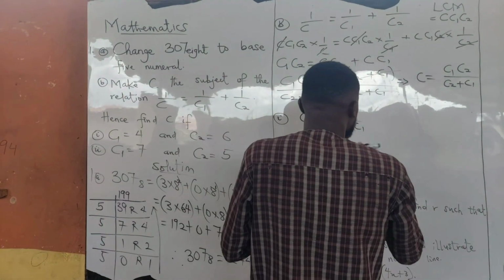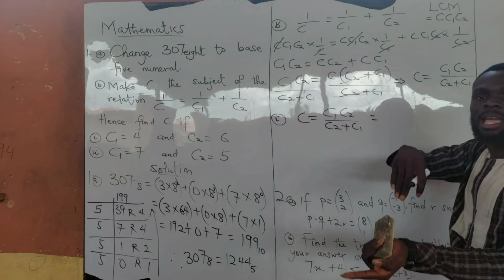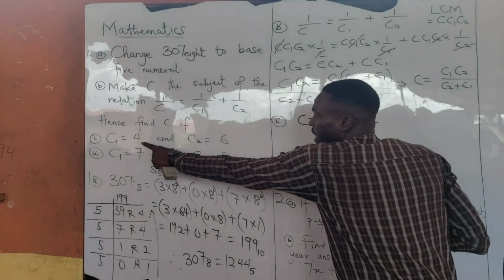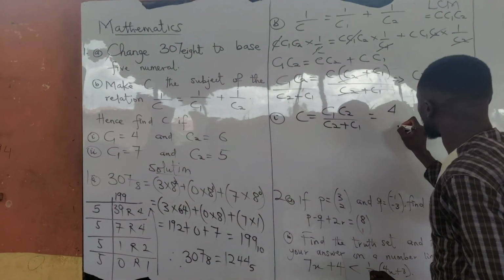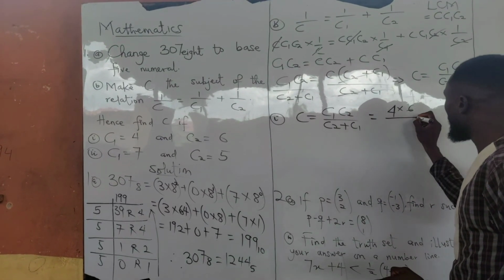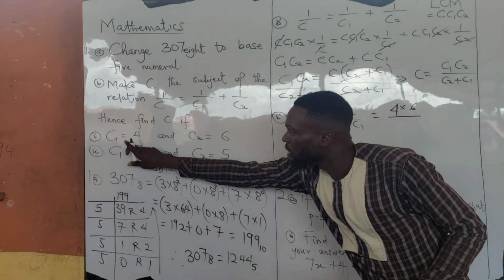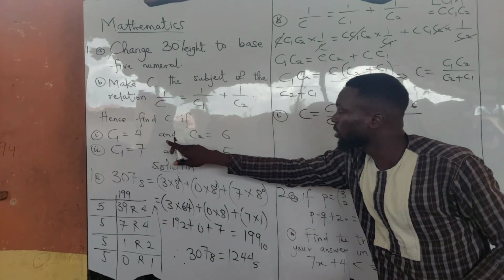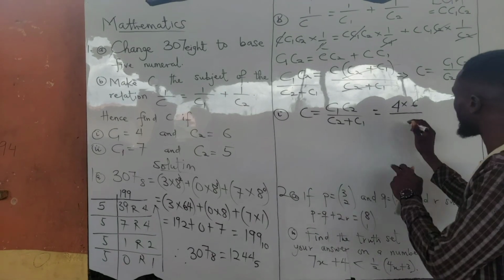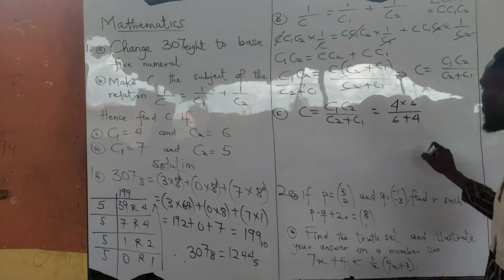So this is equal to C1 C2 means C1 times C2. And C1 is 4. So you are having 4 times 6, all out of C2, which is 6, plus C1, which is 4.